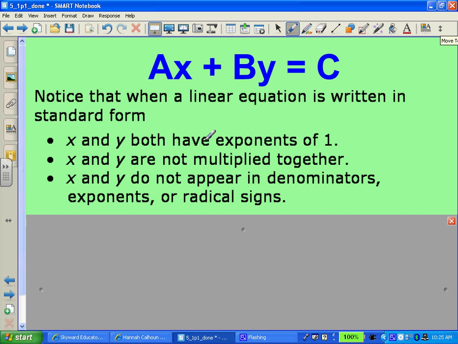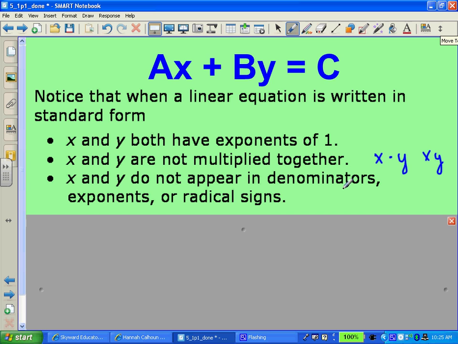Second, x and y cannot be multiplied together. So nowhere in the equation should you see x times y, or they might just write it xy. If that's anywhere in the equation, then you know it's not linear. And then finally, x and y can't be in denominators.